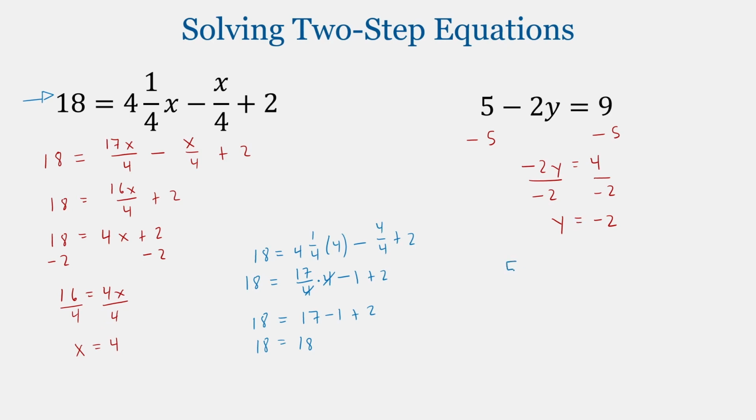Checking the answer, we get 5 minus 2 times negative 2 is equal to 9. This is 5 minus 2 times negative 2. That is negative 4 equal to 9. Subtraction of a negative is addition of a positive. So that's 5 plus 4 equal to 9. And then 9 equal to 9.